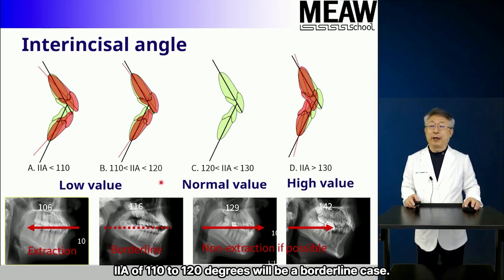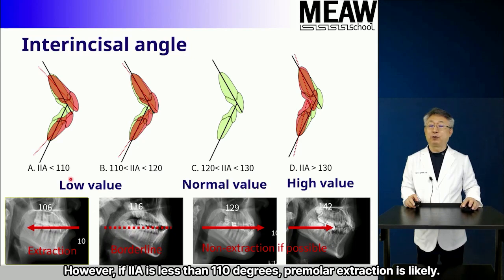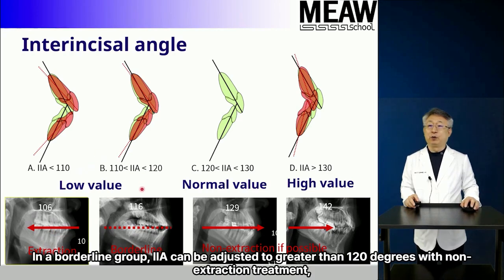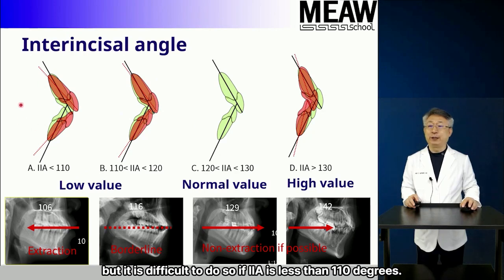IIA of 110 to 120 degrees will be a borderline case. However, if IIA is less than 110 degrees, premolar extraction is likely. In a borderline group, IIA can be adjusted to greater than 120 degrees with non-extraction treatment, but it is difficult to do so if IIA is less than 110 degrees.